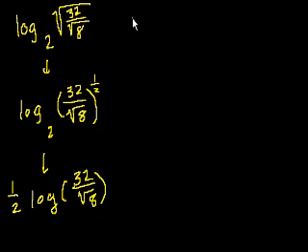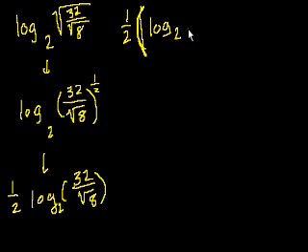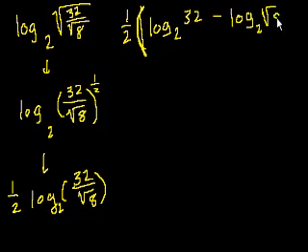Well, we can use our other logarithm property. Let's keep the 1/2 out. That's going to equal, parentheses, logarithm base 2 of 32 minus, because this is a quotient, the logarithm base 2 of the square root of 8, right?